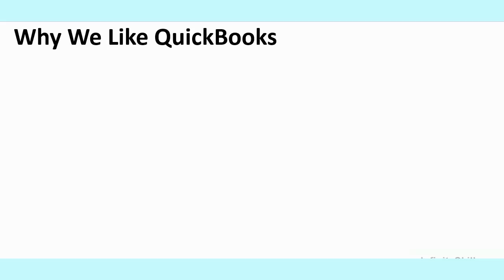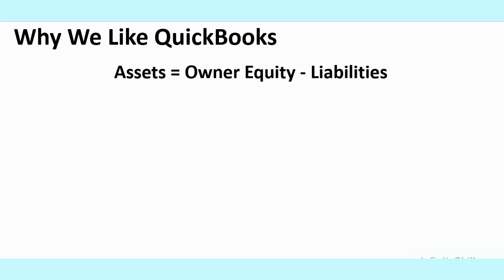Now, I like to keep things simple, and although accounting can be anything but simple, QuickBooks helps simplify it, if even just a little bit. There's something known as the accounting equation, which says, basically, our assets are equal to owner equity minus liabilities.